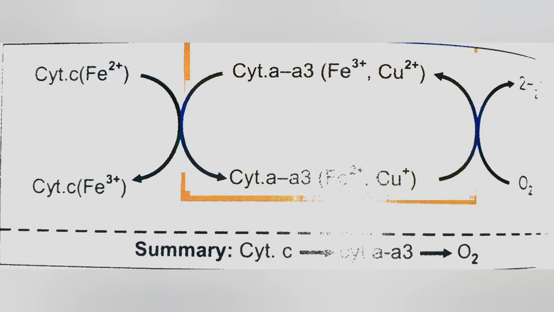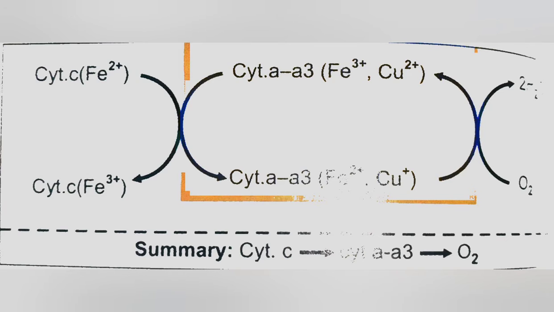Now we come to complex 4 or cytochrome oxidase. It contains different proteins including what all? Cytochrome A and cytochrome A3. The complex 4 is tightly bound to the mitochondrial membrane. Now the reaction here also you can see that the cytochrome C, which was a peripheral protein, it is transferring electrons to cytochrome A3, and then finally oxygen is the electron acceptor.